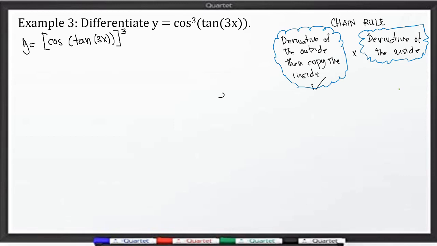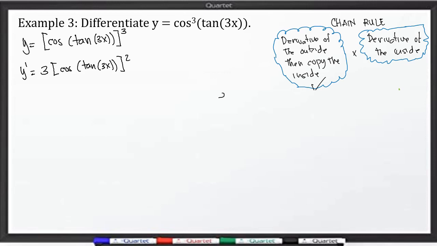So we try to get the derivative and we say y prime is equal to itong 3 ito bababa, 3 times cosine of tangent 3x. Tapos mababawasan squared. And then that will be the outside function.